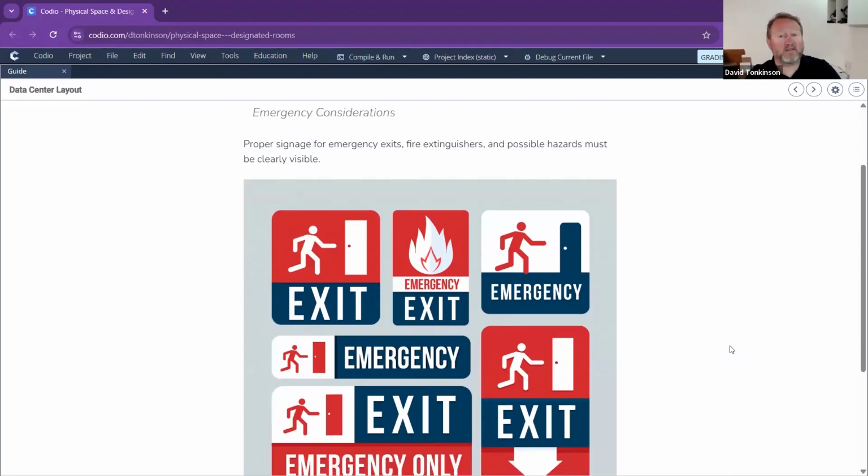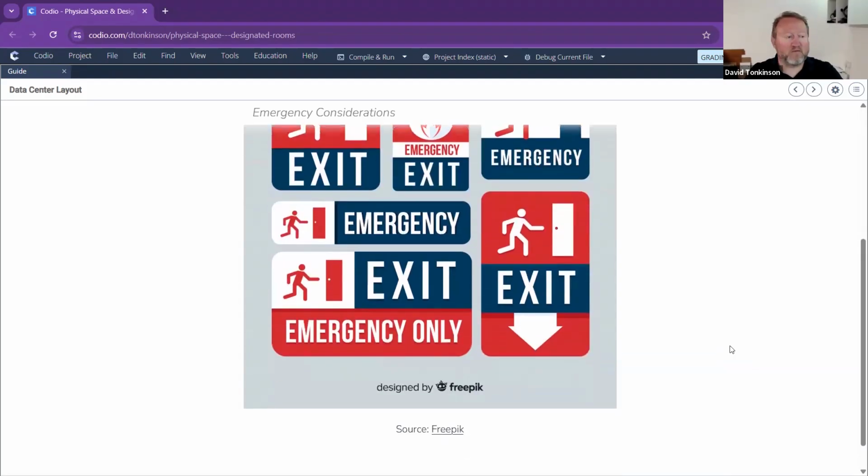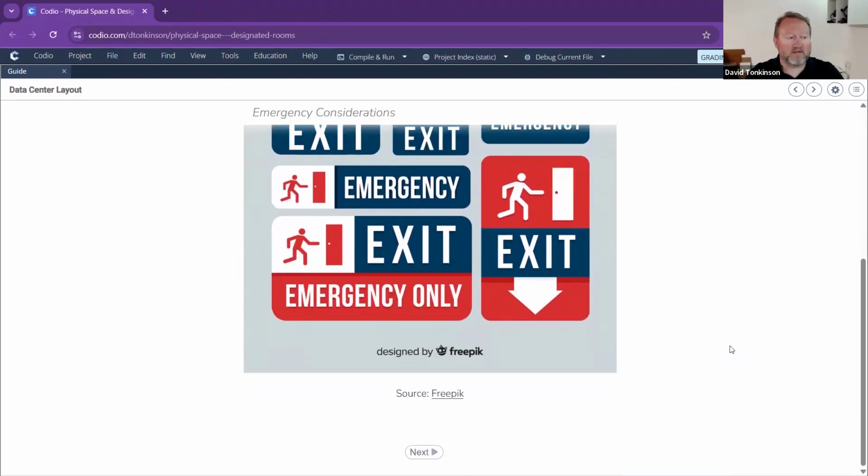Remember when we talked about the hazardous materials in our data centers? Those rooms must be labeled 100% clearly. So when you go into a room with a UPS system that's got tons and tons of batteries, that room must be clearly labeled. And again, our access control can look for that. But we should also make sure we clearly label our exits.